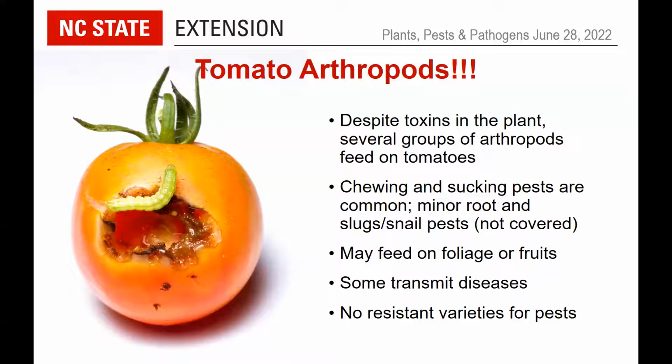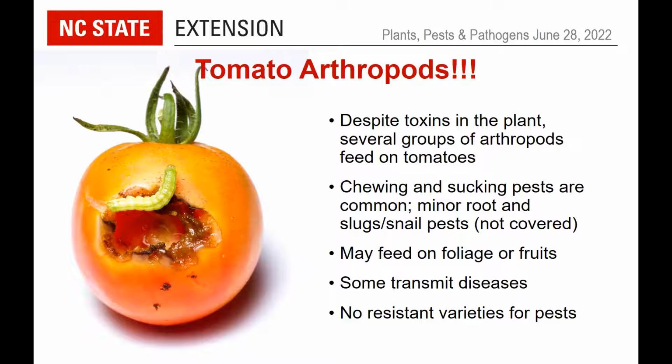In fact, the actual plant itself, other than the fruit, can make you sick. Despite these toxins, there are several groups of arthropods that feed on tomatoes. The chewing and sucking pests are the most common, and root pests are very minor on tomatoes, and there are also slug and snail pests, but I'm not actually going to cover those for time's sake.